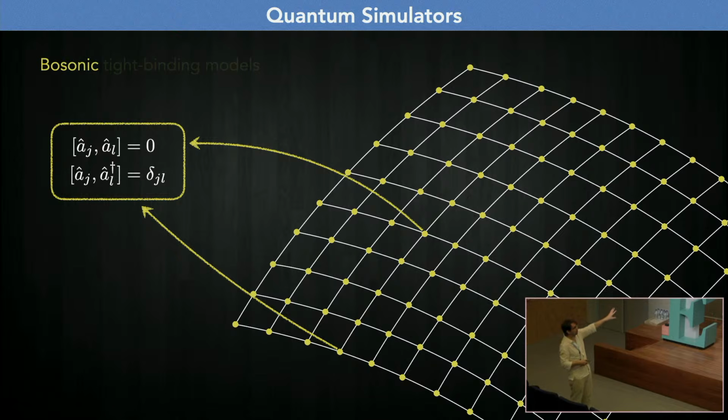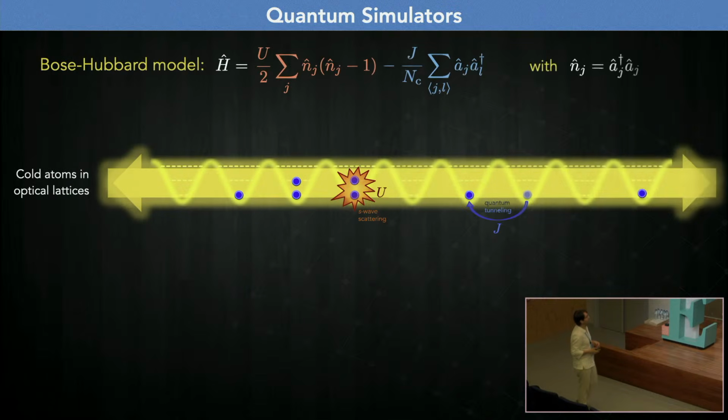I will present you different models, or I will guide the physics through different models, and these models will all be of this type, represented through annihilation, creation operators, and all this algebra of harmonic oscillators and bosons that you probably know.